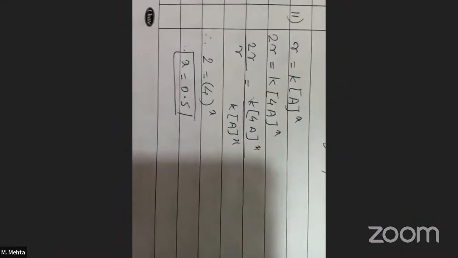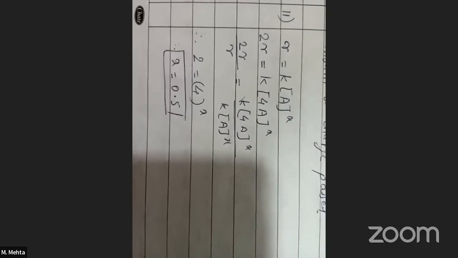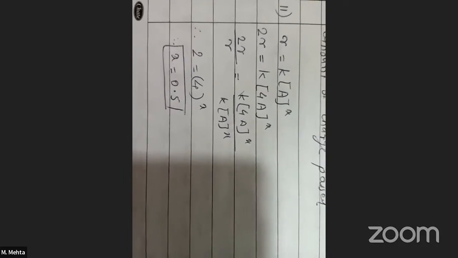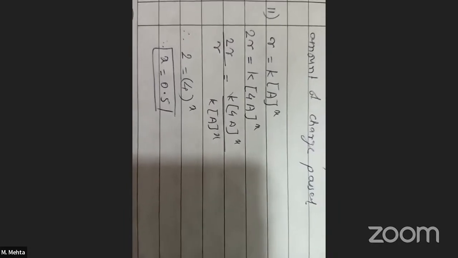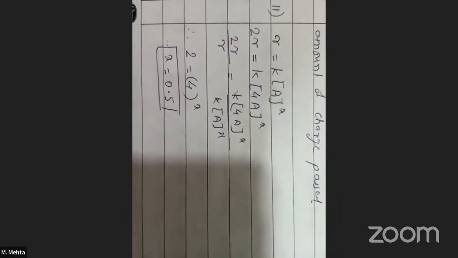Question number 11. For a chemical reaction, A gives product, the rate of reaction doubles when the concentration of A is increased by a factor of 4. The order of reaction is. Here you have to find out the order of reaction, means simply you have to find out the value of the power in your rate law. So from the given information, I can write the first equation, rate is equal to K into concentration of A raised to X. The second statement is, the rate of reaction doubles when the concentration of A is increased by a factor of 4.